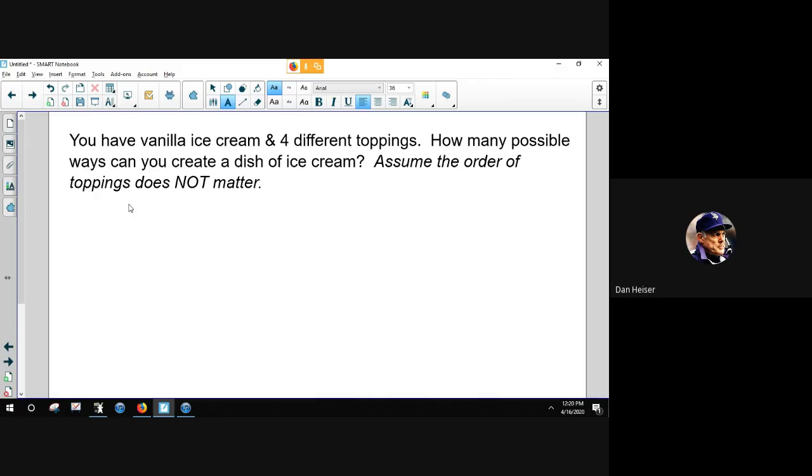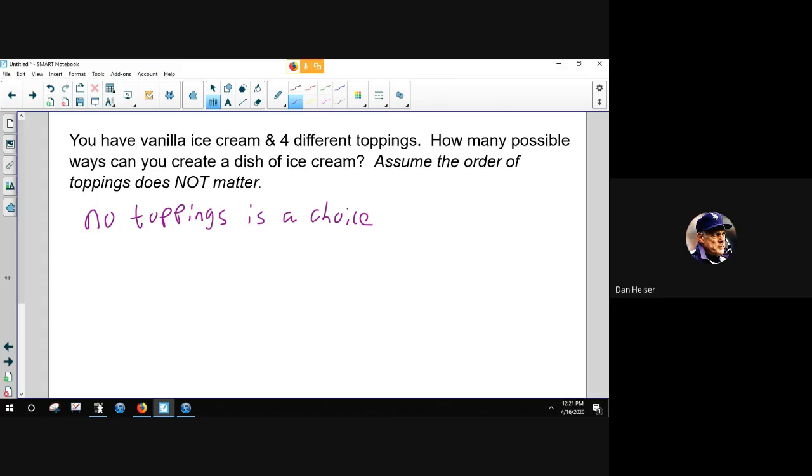So we have to run through our different options here. It is possible, even though I consider this sacrilege, no toppings is a choice. You can have a plain old boring, uninspiring, bland dish of vanilla ice cream and nothing else.